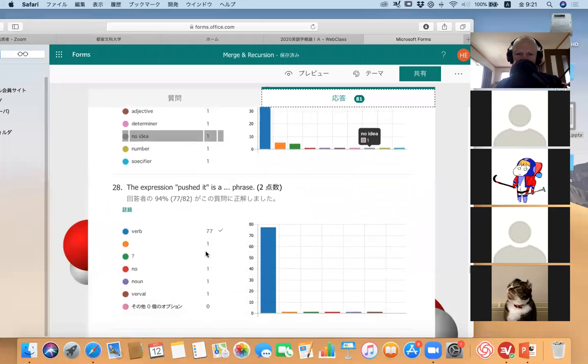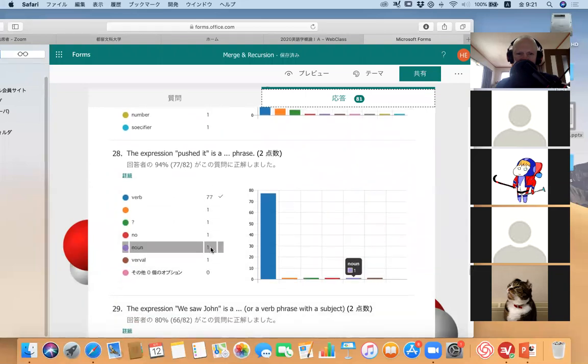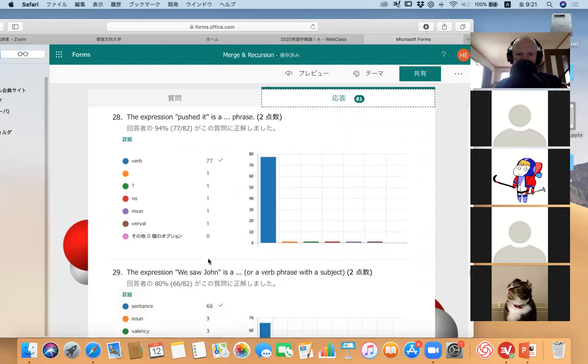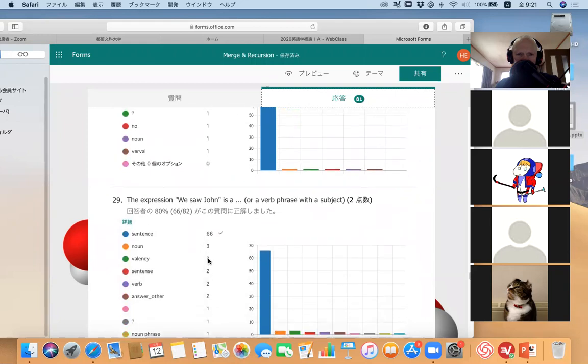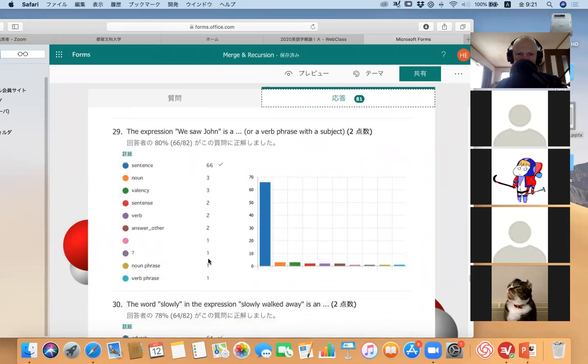Right? Can't say that. The expression pushed it is a verb phrase. Yes, well done. Most people got that. The expression we saw John is a sentence. We saw John. Sentence. Come on, guys. Got to get this, right? It's quite easy, right?